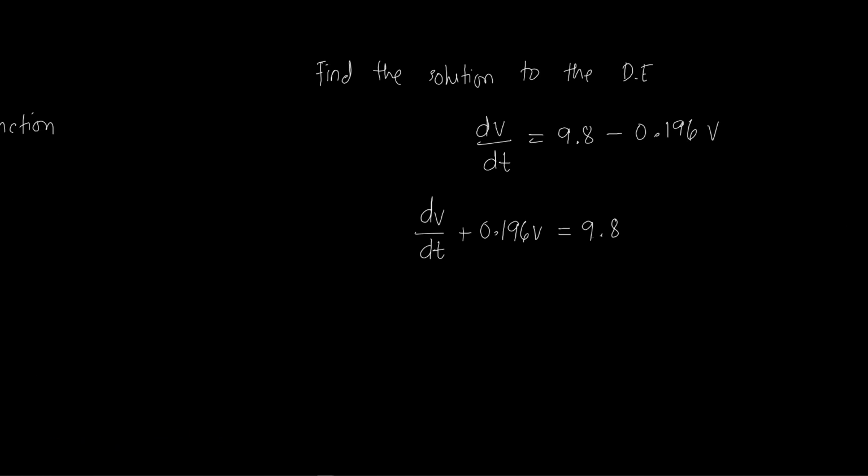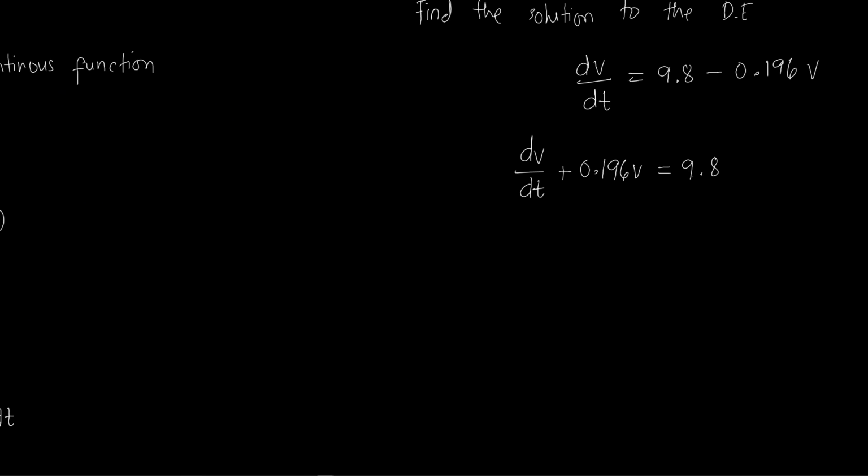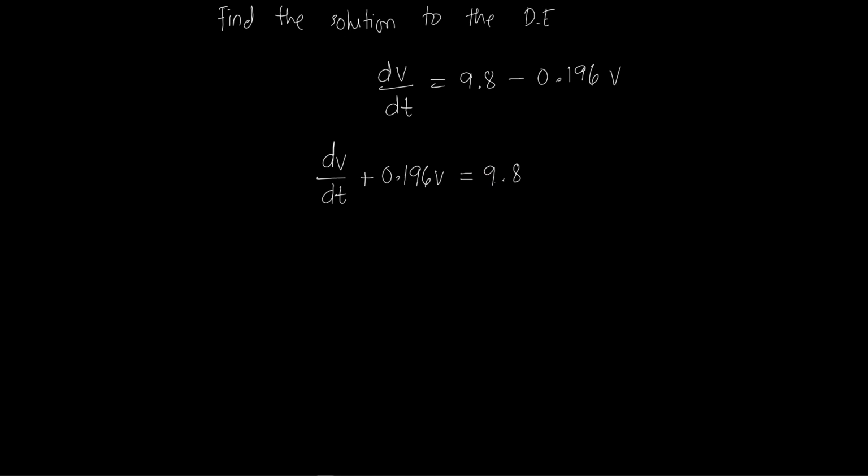Sa kani? 0.196. Okay? So, makaingon ta, the p of t is equal to 0.196.